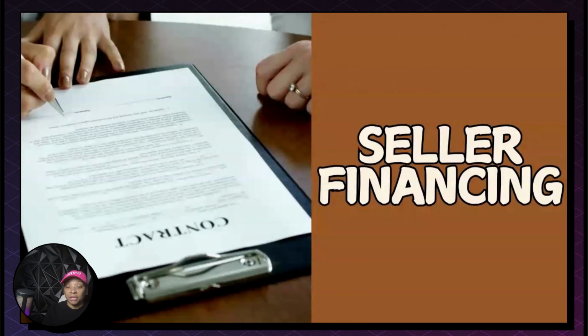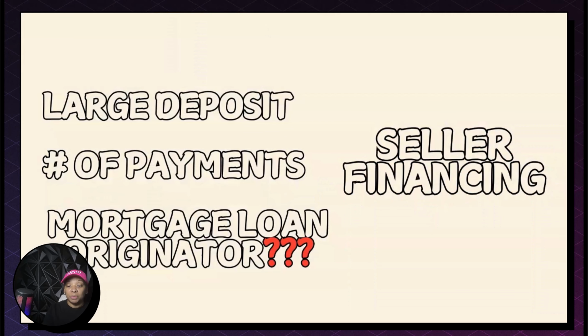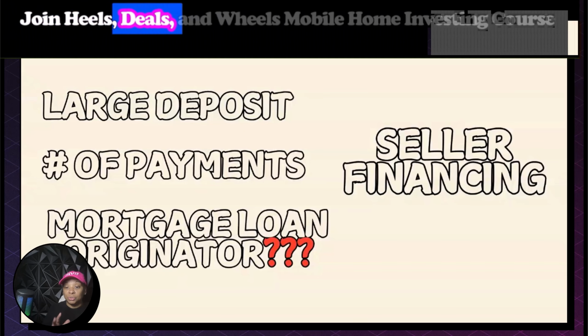You become the bank. You, as the investor and owner of the mobile home, become the bank. So when there's seller financing, guys, you're asking for a large deposit, and then the number of months is very important, and also the interest rate. It would behoove you to get a mortgage loan originator so you can do this correctly.